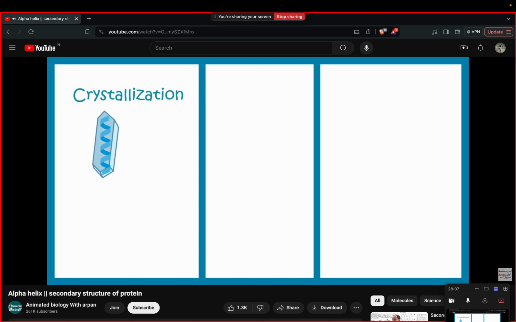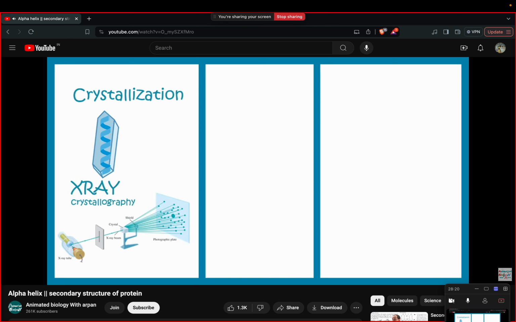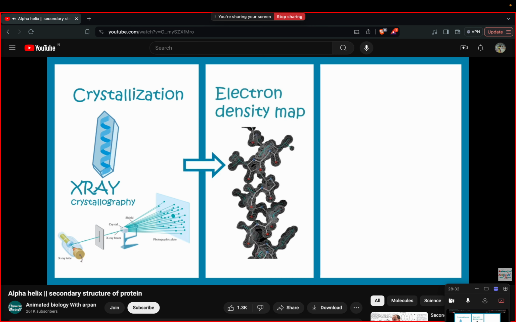Now let us try to understand how we can study and gain information about alpha helix. First, we start with X-ray crystallography, which begins with crystallization of the protein. Then in the X-ray crystallographic method, we obtain a diffraction pattern when we pass X-rays through the crystal. From this diffraction pattern, we can convert it into the frequency domain to get the electron density map. After Fourier transformation, we get this electron density map.